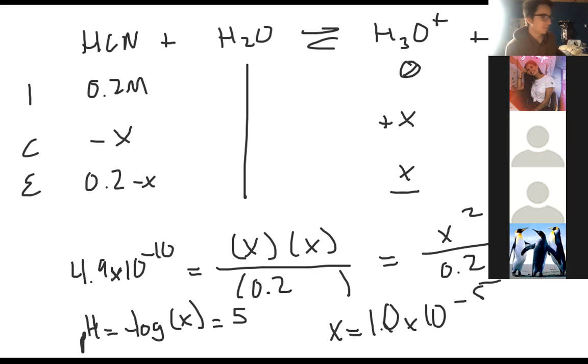And we know it's a weak acid. If you remember previously we did an example of HCl, and we got 0 point something for our pH. In this case, we got 5, so it's slightly acidic, not too acidic. So this checks out in my head.